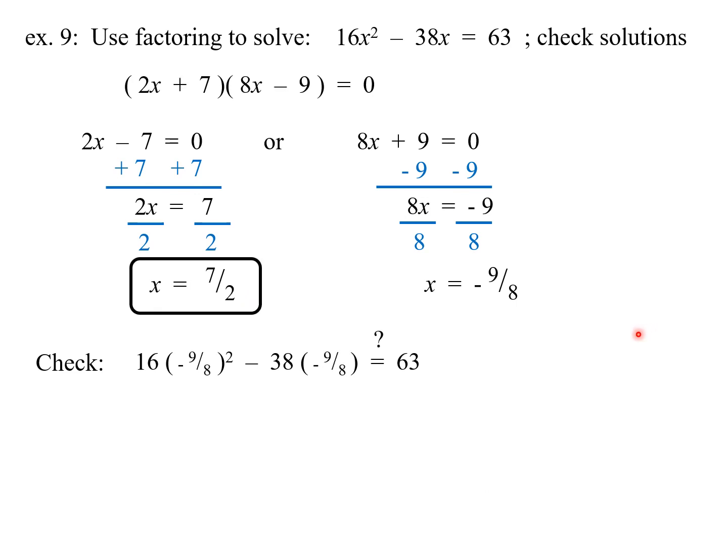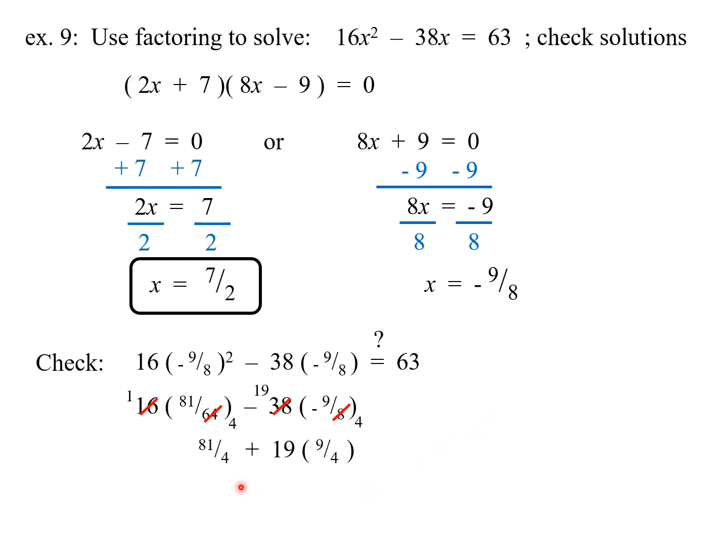All right, now let's check the other solution, negative 9/8. So plugging that in here, okay, and doing a little work. Negative 9 over 8 squared is positive 81 over 64, okay. And then I can also do some cancellation, all right. I get that. And then over here, I can factor out a 2 from top and bottom, and I get that, 19 over 4.